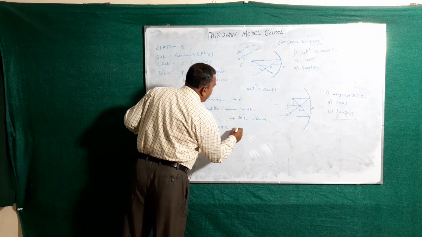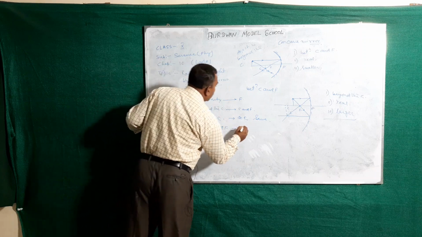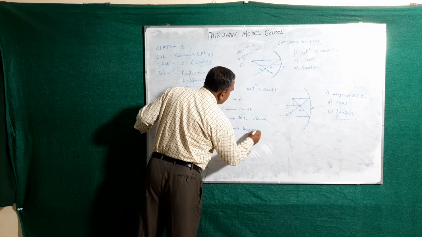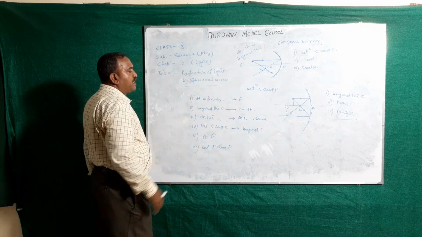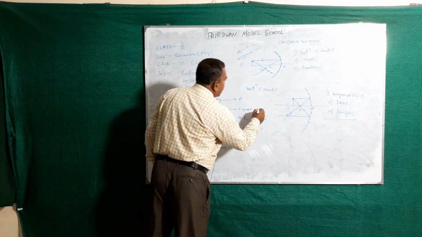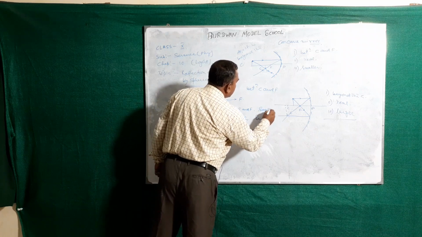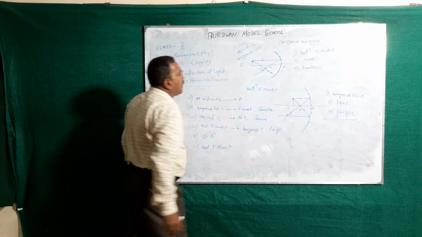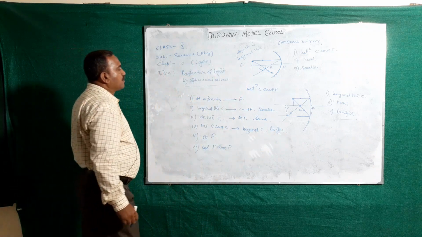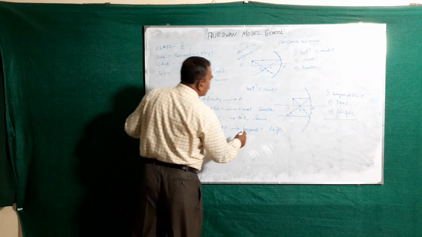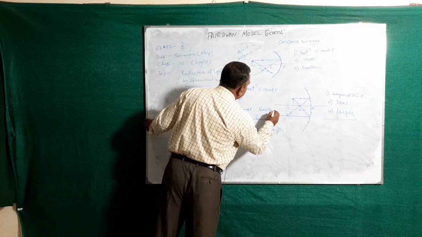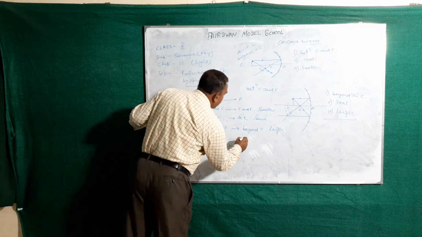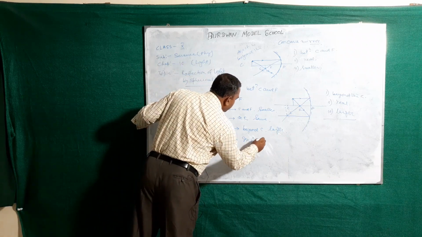In between C and F, the image will form beyond the C, and the nature will be larger. On focus, the image will be at infinity.